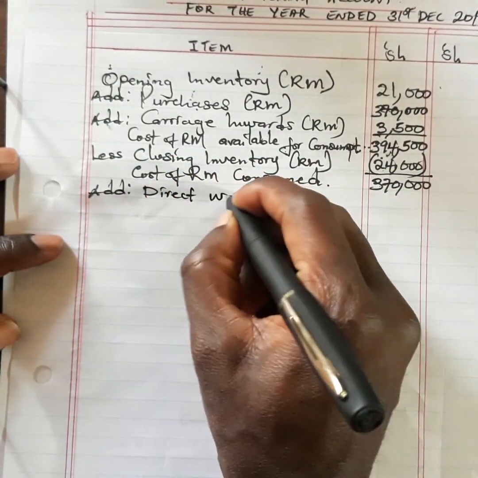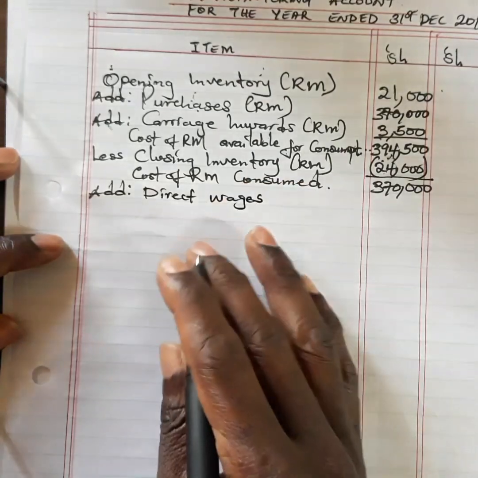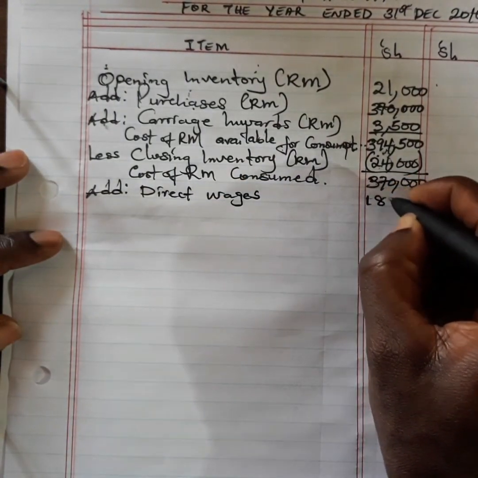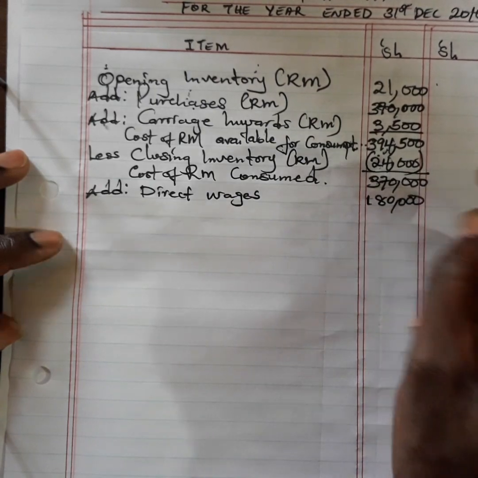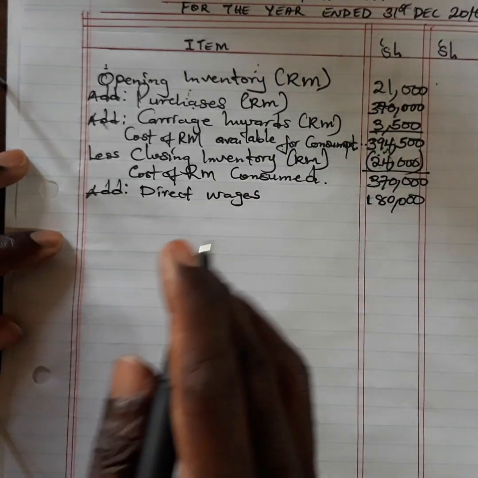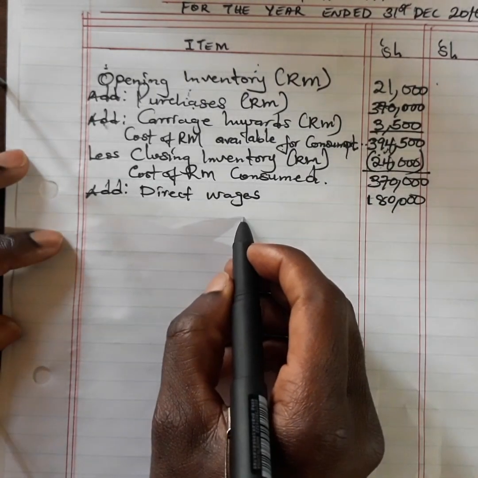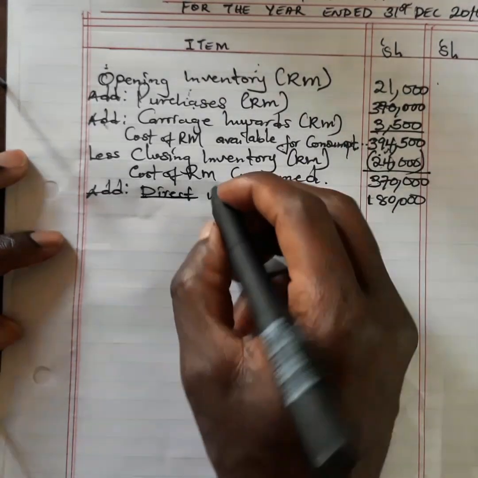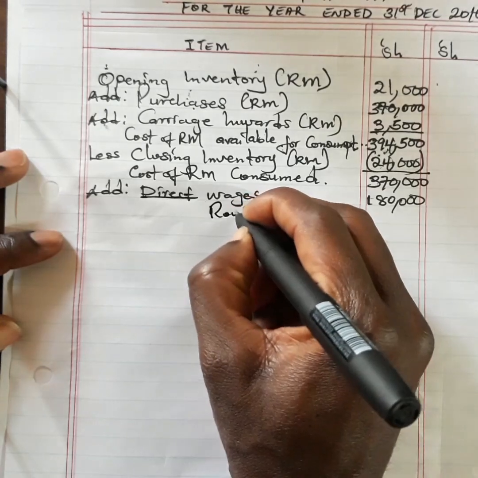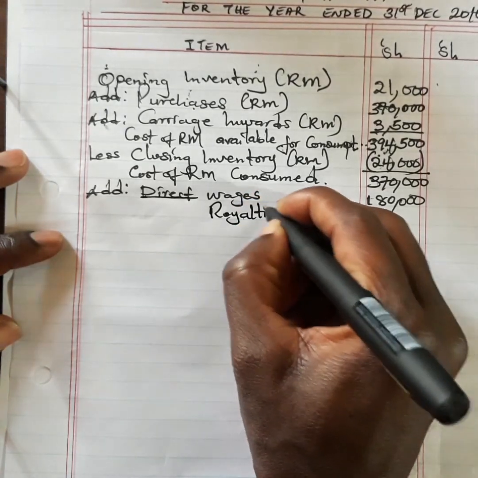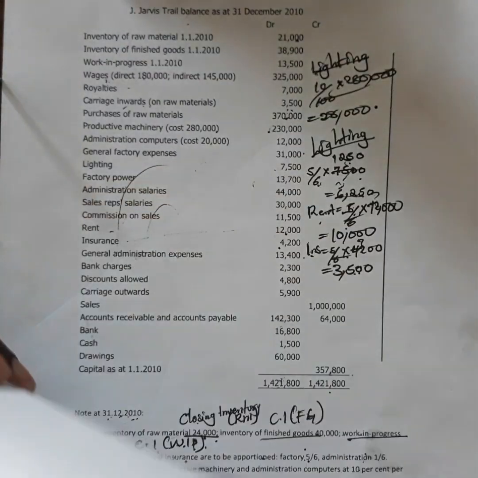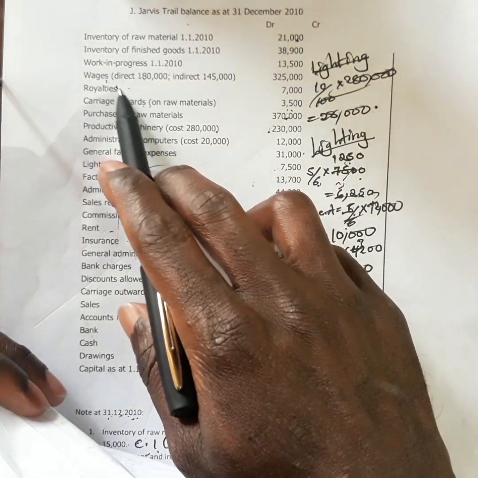Direct wages, we have 180,000. Then anything to do with direct wages, we talk about things to do with royalties. Again, we have royalties, that is the production royalties. You can see here we have production royalties.